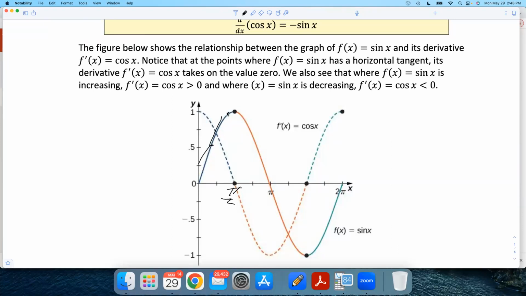But by the time I get over here, my tangent lines are less steep until I get here when my tangent lines are 0. So here m would be like 0.1, and there, my slope might be like 1.